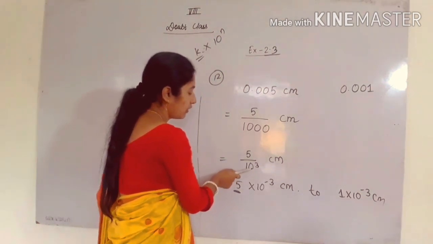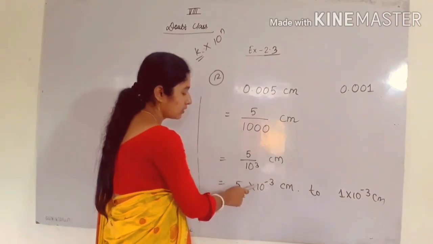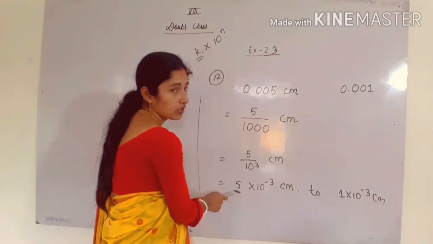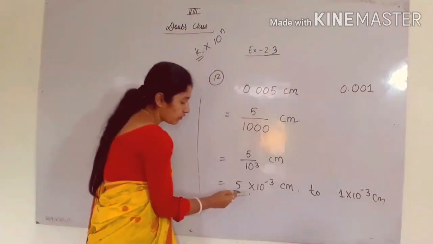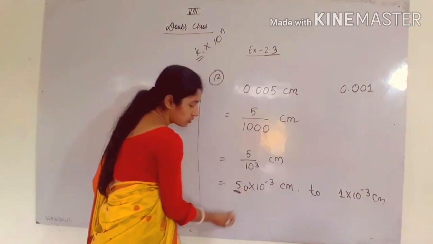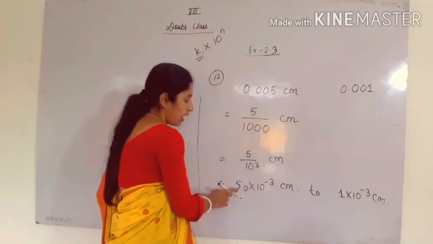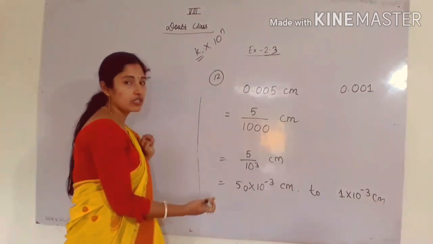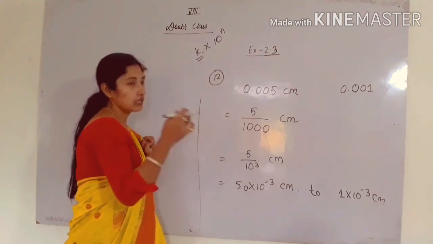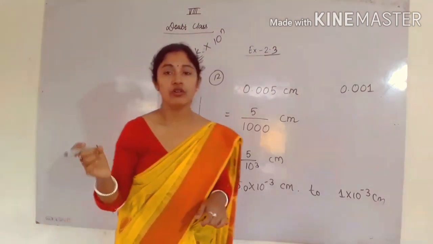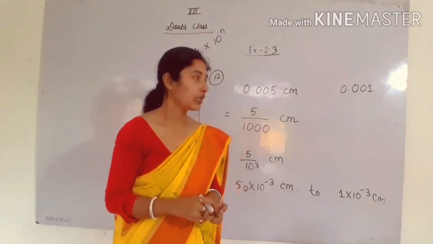So when we take the reciprocal of 10 cube, we get 10 to the power minus 3, multiplied with 5, which is in the numerator. We can write 5 as 5.0 also. That is the standard form, and 5.0 lies between 0 and 10. That is our standard form.